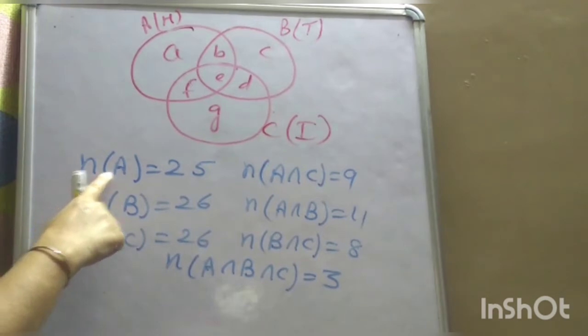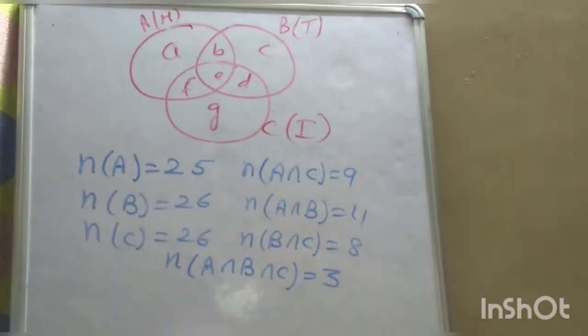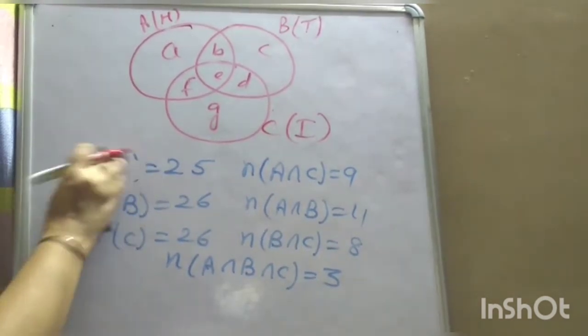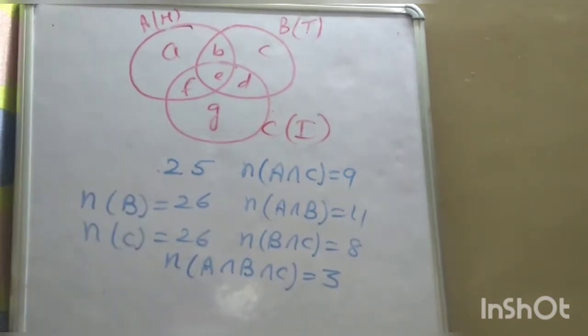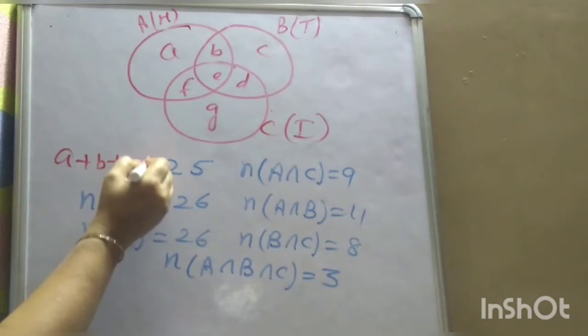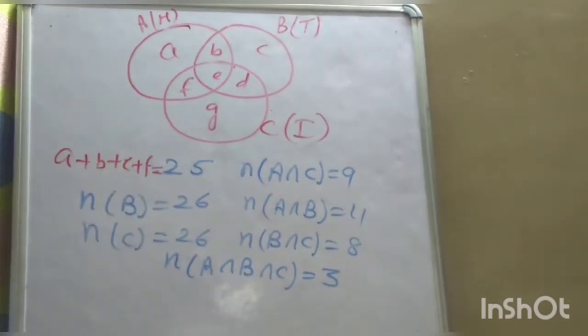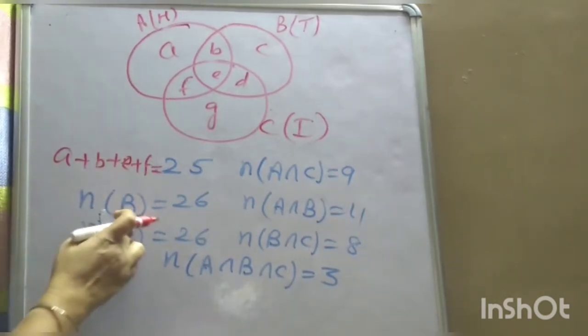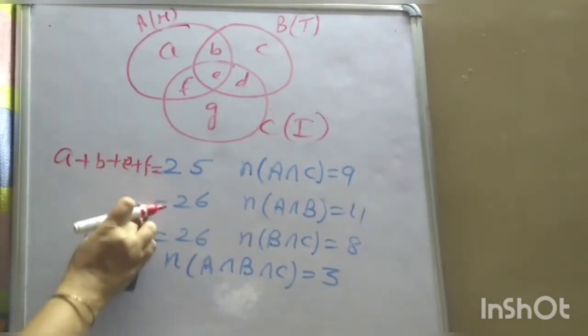Number of elements in A is equal to 25. It means we can say A plus B plus E plus F is equal to 25. This is equation number 1. Number of elements in B is equal to 26.